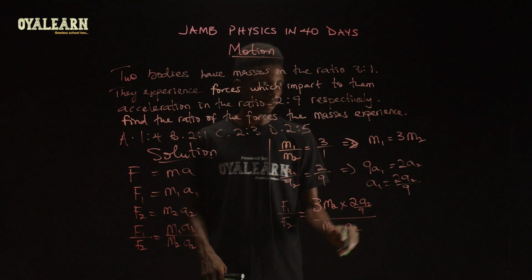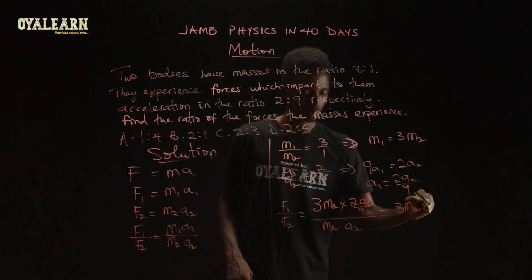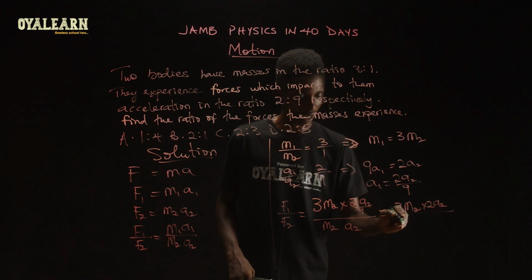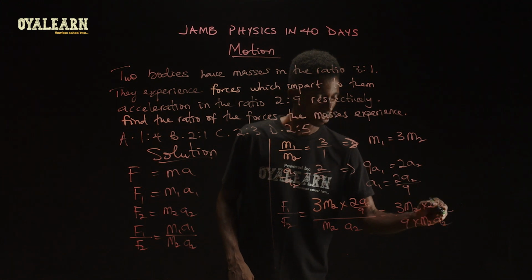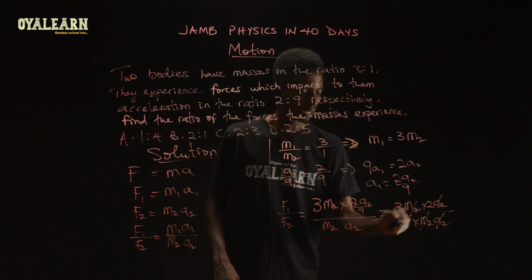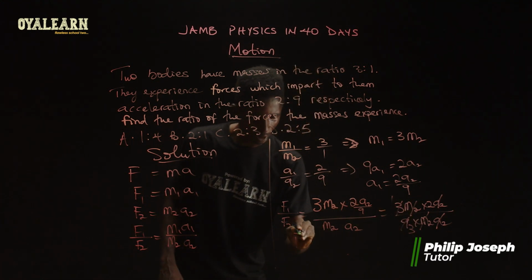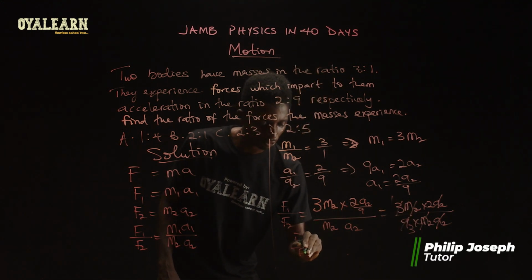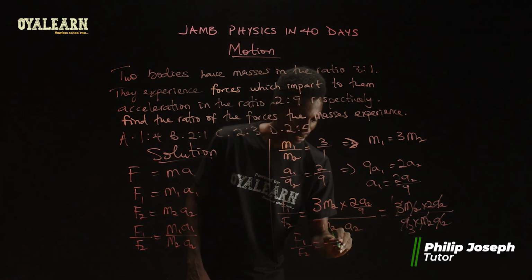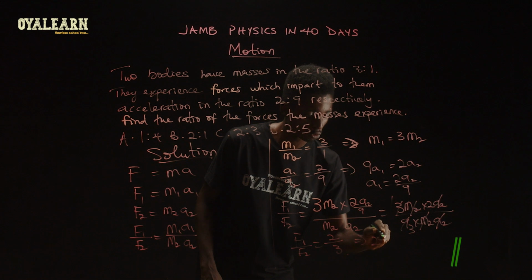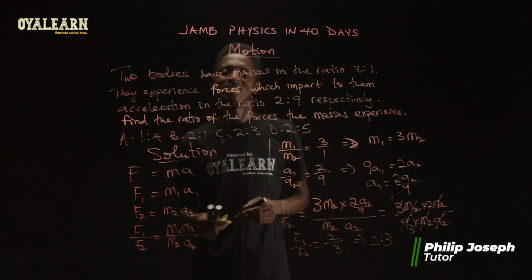So this 9 will come down here, and then we have 3M2 times 2A2 over 9 times M2A2. So this cancels. Now what we have here is 3 here 1, 3 here 3. So F1 ratio F2 is going to be 2 over 3, which implies 2 ratio 3. So the correct option is option C.